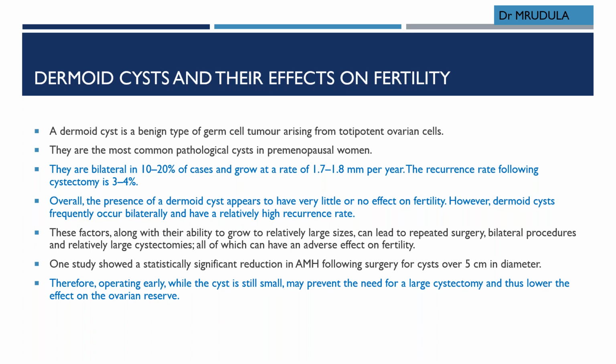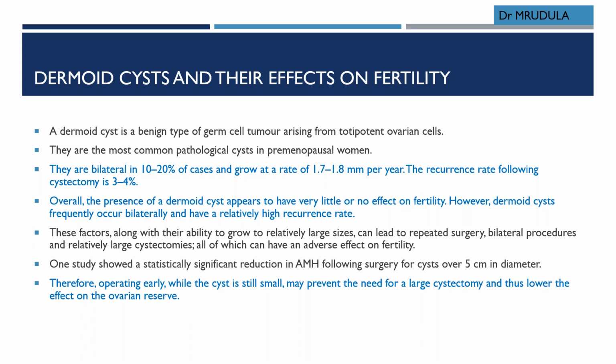Usually a dermoid cyst has very little effect on fertility. But what happens is that dermoid cysts usually occur bilaterally, have a high recurrence rate, and can grow to a large size. So these require surgeries.